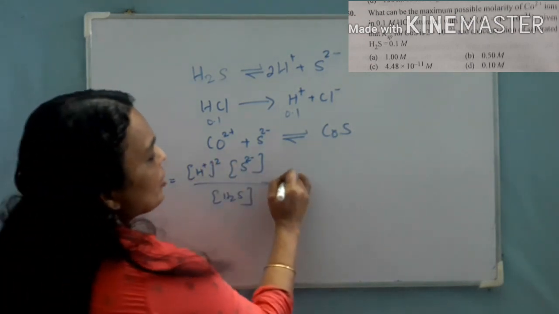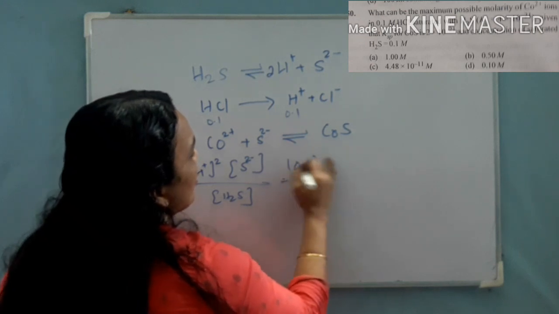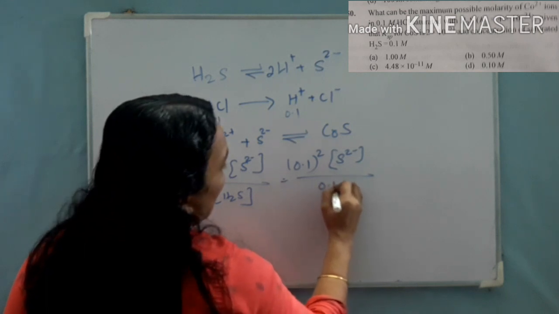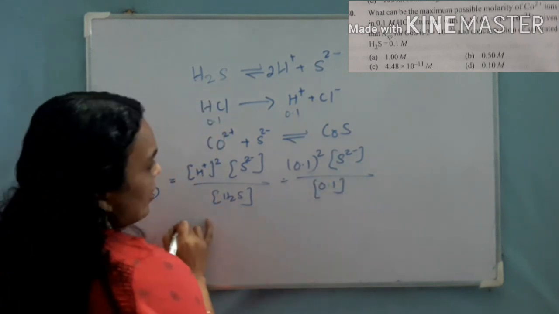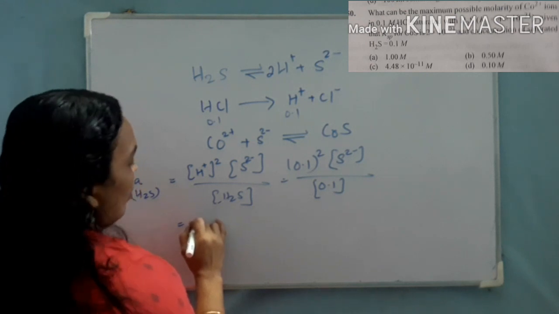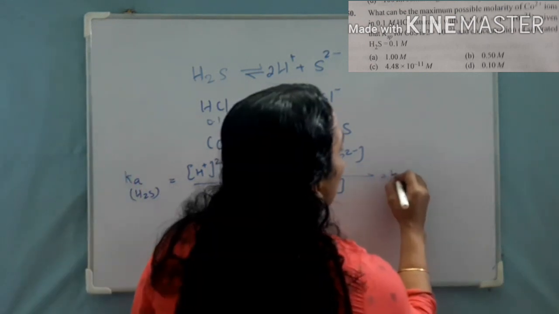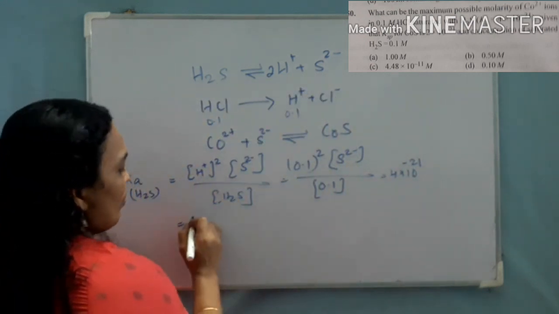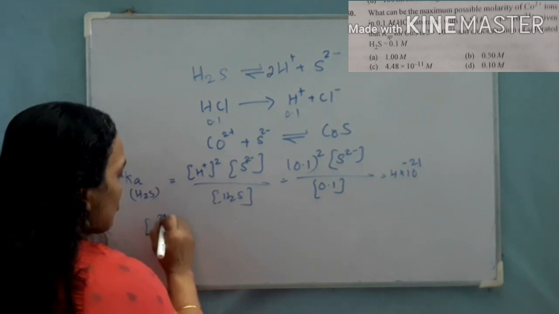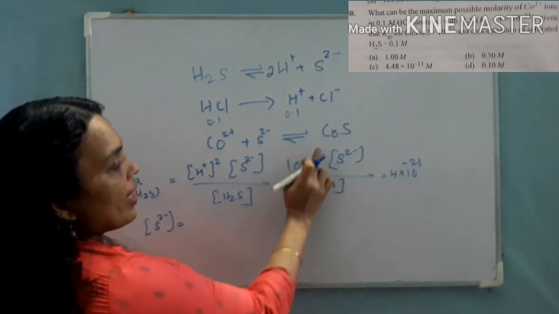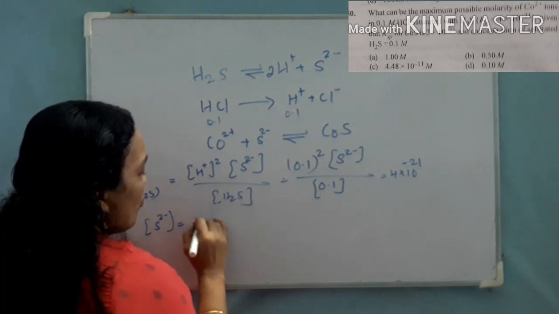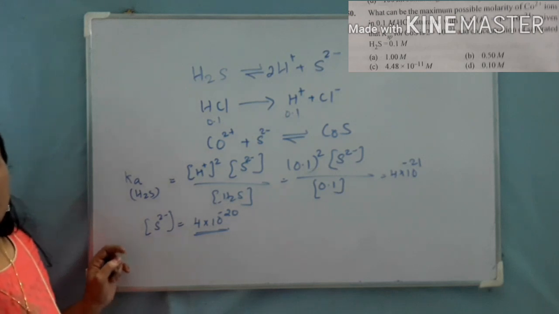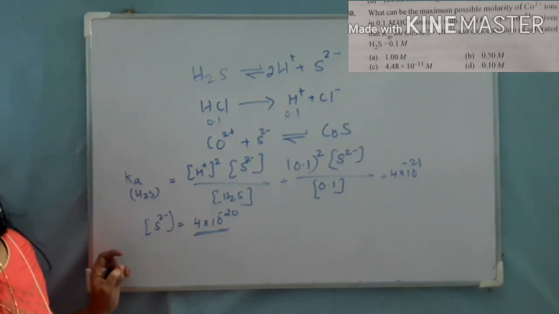So 0.1 square into molar concentration of S2 minus by 0.1 is equal to Ka, which is given as 4 into 10 raised to minus 21. So the molar concentration of S2 minus, with 0.1 cancelled, is 4 into 10 raised to minus 20.